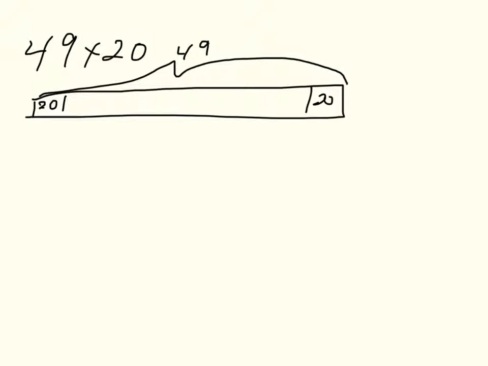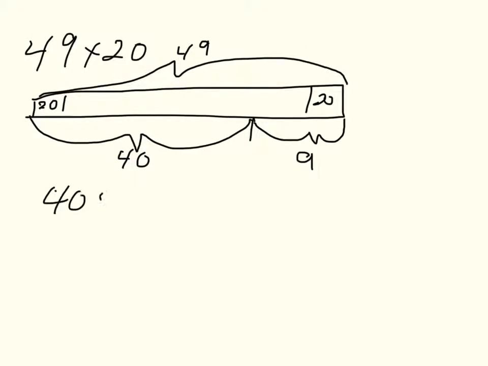You have 49 of them. You can break it into 40. How many more will I need here? 9. 40 times 20 is equal to 800.